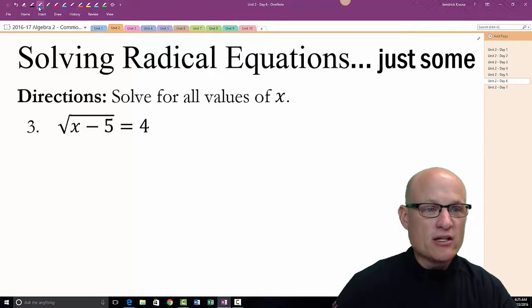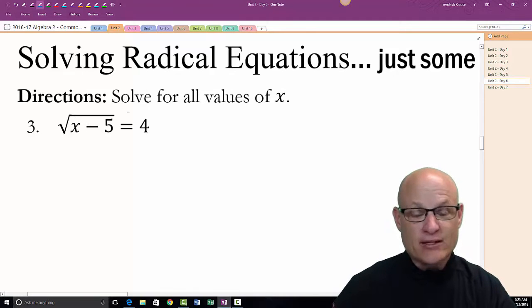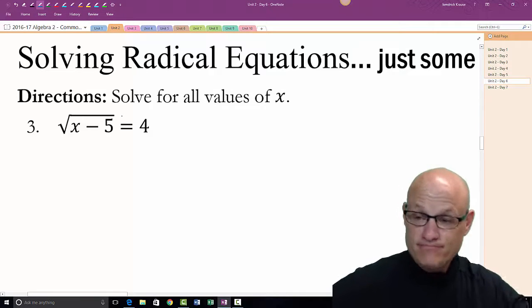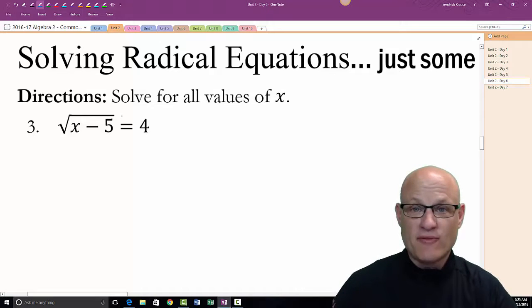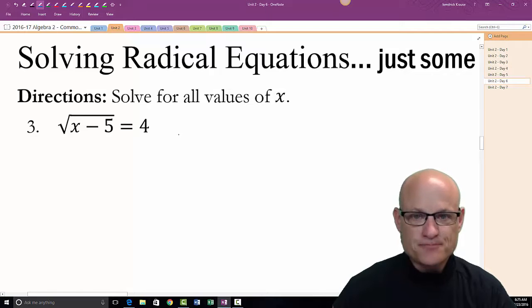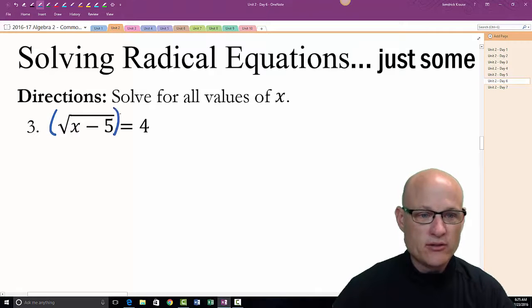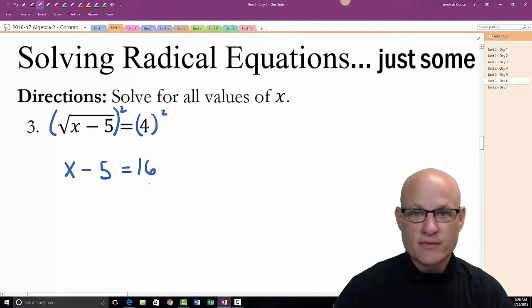So the weird thing in this case is the radical. Is it all by itself? Yes, it's all by itself. I don't have anything to do there. Great. It's a square root. What is the inverse operation of a square root? It is squared. So we square both sides. So I end up with x minus 5 equals 16.